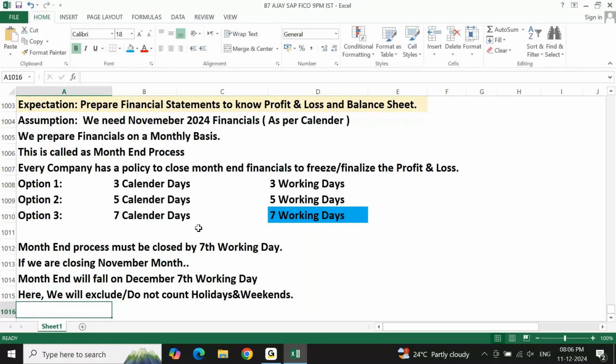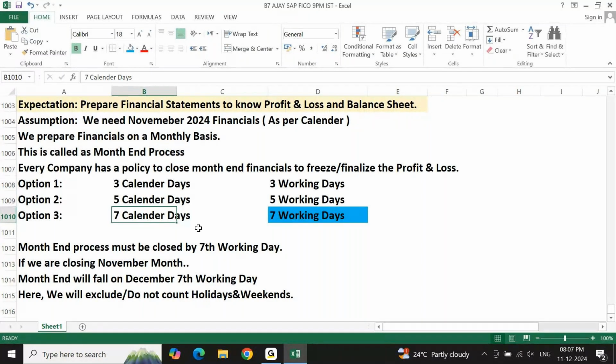Any holiday coming, any weekend coming is not considered to calculate the 7th working day. In case you are following 7 calendar days, working day, holiday, weekend, everything is counted. On the calendar 7th, whatever it is, even if it is a Sunday, Friday, Holi, Diwali, whatever, you have to do it. Am I correct? If it is calendar day logic.